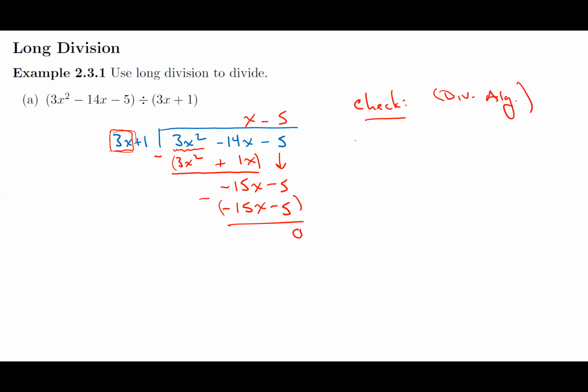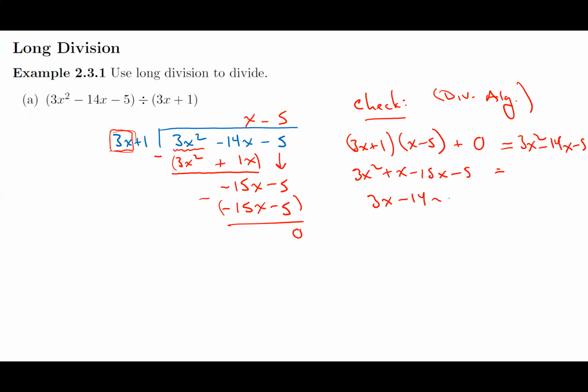I take my divisor times my quotient plus my remainder, and I verify that that's 3x squared minus 14x minus 5. And guess what? It is.